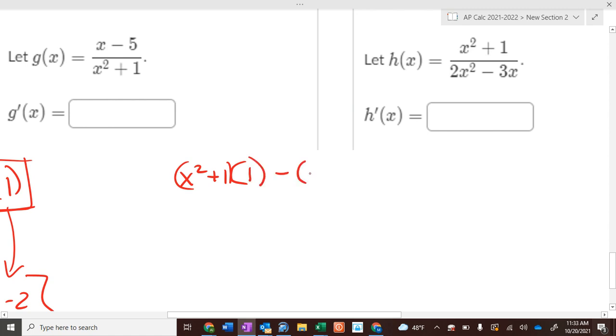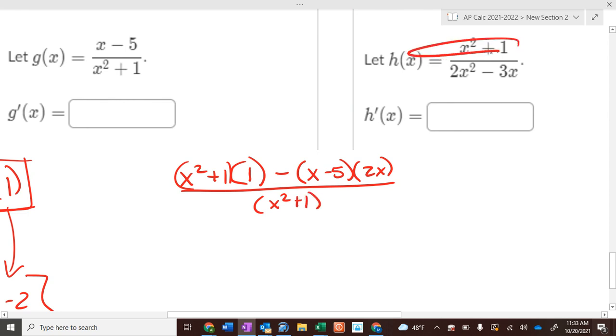Minus the numerator, x minus 5 times the first derivative of the denominator, 2x. Dang it. I was confused because I was looking at the wrong thing. You're saying x squared plus 1 squared. What are you doing? Thank you. There you go. That's why I was confused too. No, you were not, Nate.